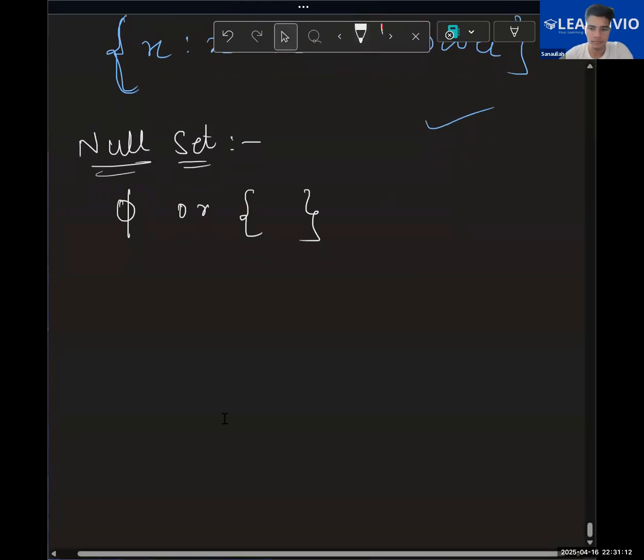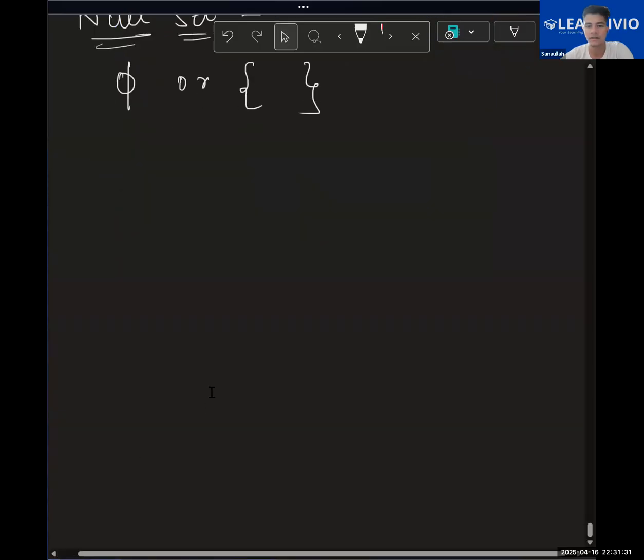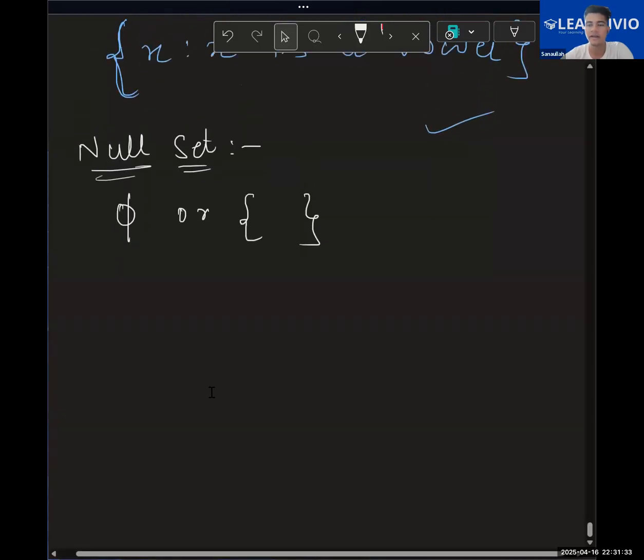Okay. And the next one is the finite and infinite set. You must know what a finite set is and what an infinite set is. I am giving you two examples. On the basis of them, just tell me whether the set is finite or infinite.